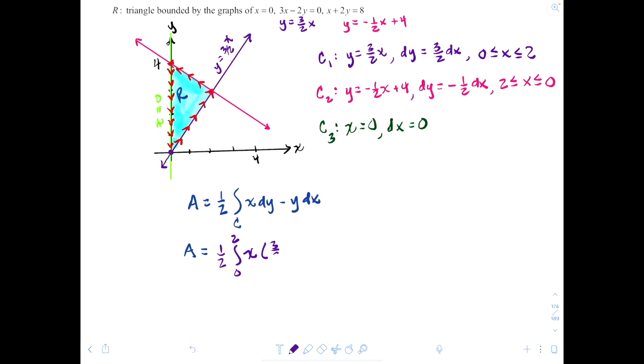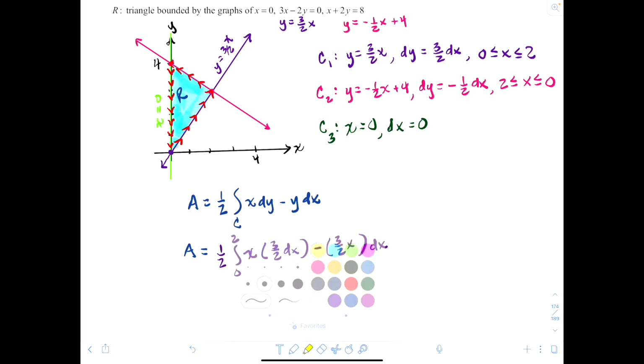Remember, dy was 3/2 dx, minus y. Well, y was 3/2 x, and then dx. Our y for this one was 3/2 x, and our dy is 3/2 dx. And we got that from here.